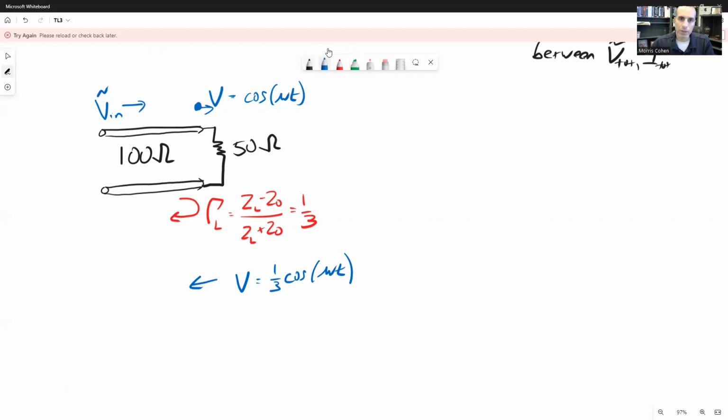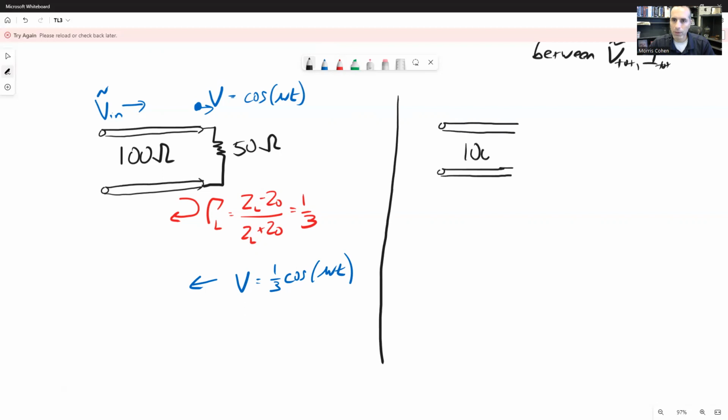But let's now consider the same scenario, except we've got a reactance on the load. All right, so here is the same transmission line, same 100 ohms on that transmission line.